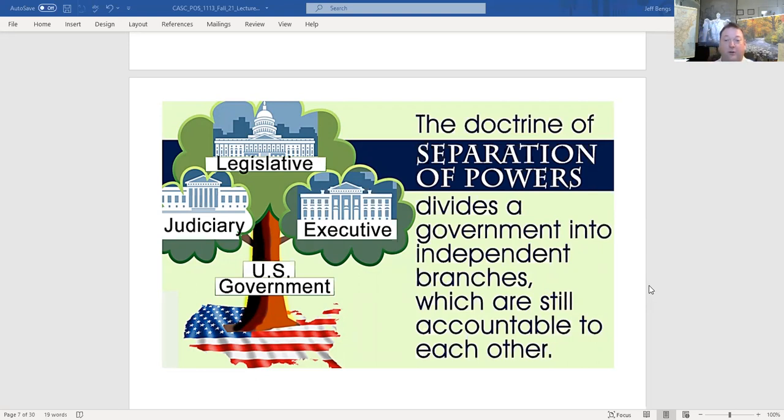They would send it to all 13 states, and once 9 states ratified it, it would go into effect. So they're completely bypassing the Senate that was formed under the Articles of Confederation.